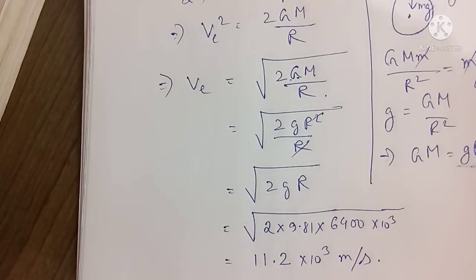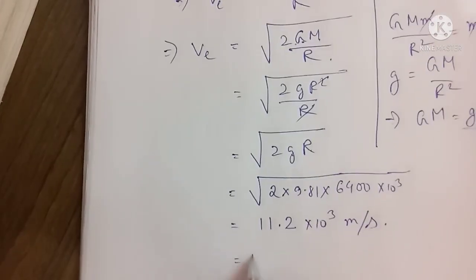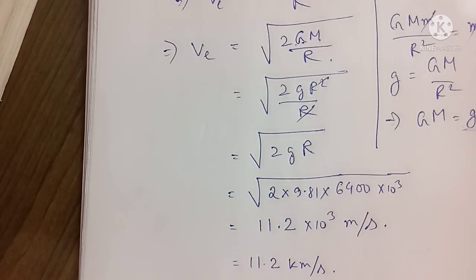So this is the value of escape velocity for earth. For another planet it may be different, because the g will be different, r will be different for other planets, but for earth it is this value, or we can write in short as 11.2 kilometer per second, which is a huge velocity. Thank you.